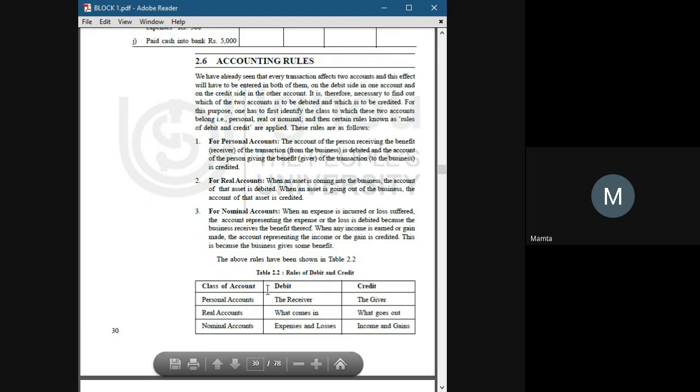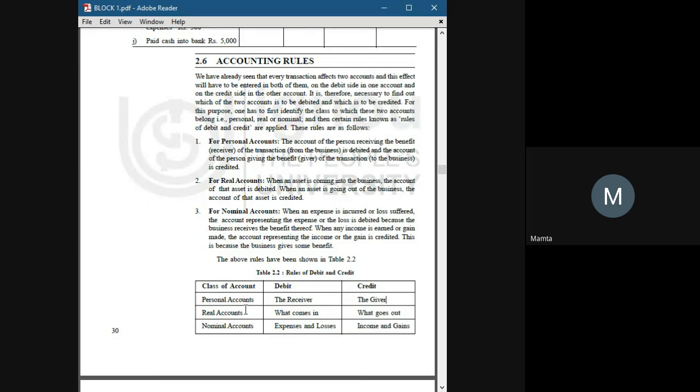I have received goods, so goods will be debited. Debit the receiver. And whom will I credit? The giver. Who has given me the goods? Ram. Ram will be credited. Goods account debit to Ram. That will be the entry for credit purchase. So debit the receiver and credit the giver.